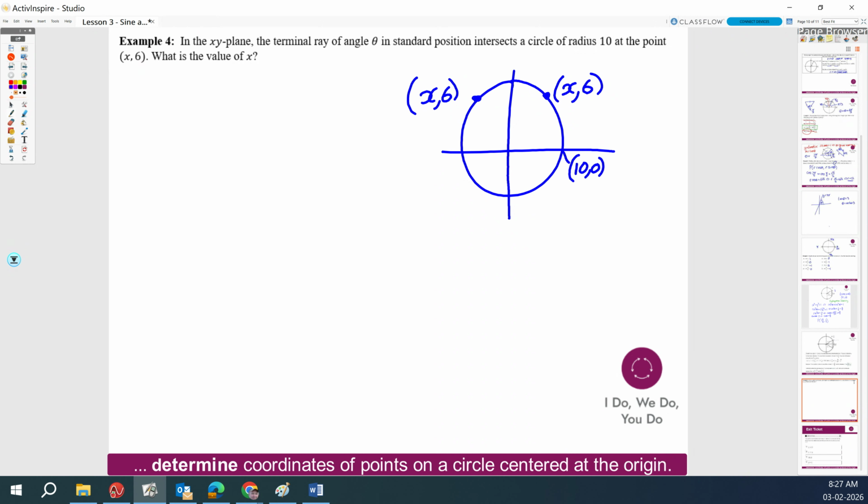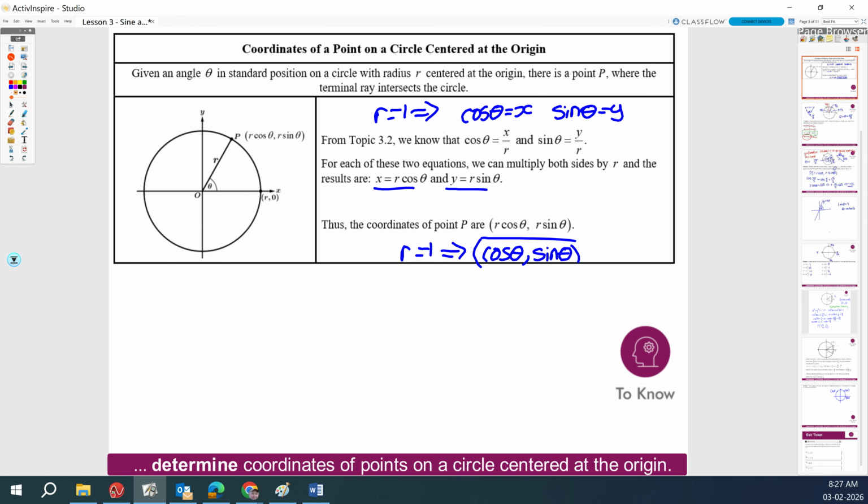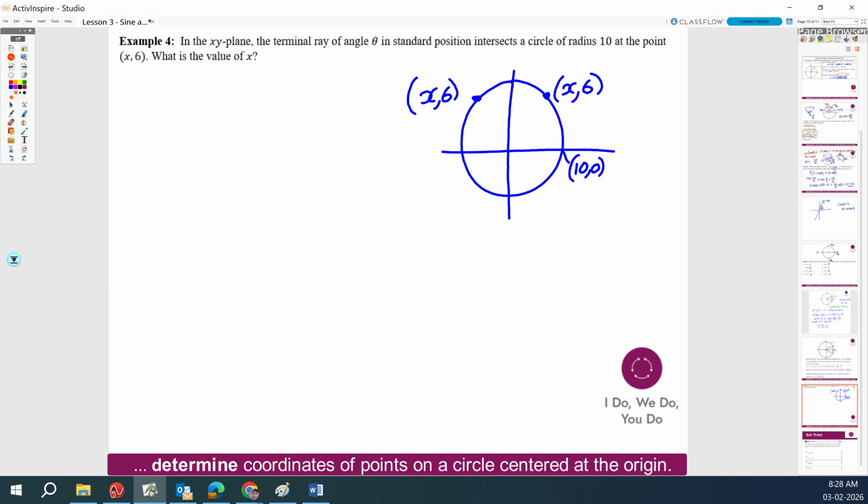According to the information presented earlier in our do now, the coordinates of the point are r cos theta, r sine theta. So if we come back to this, the coordinates here are r cos theta, r sine theta.